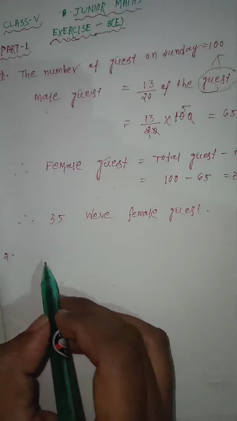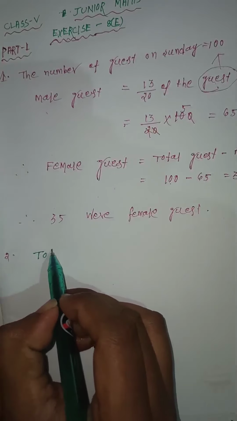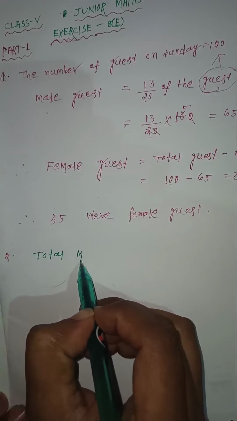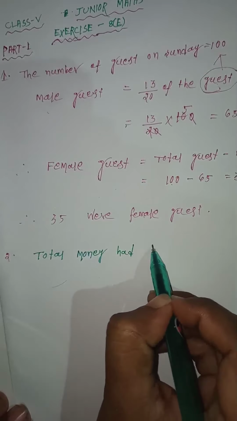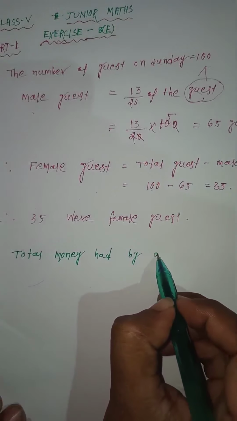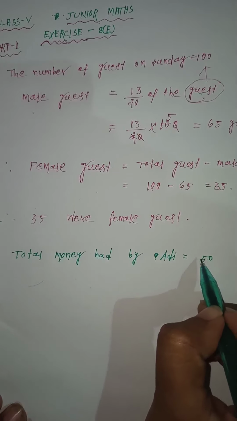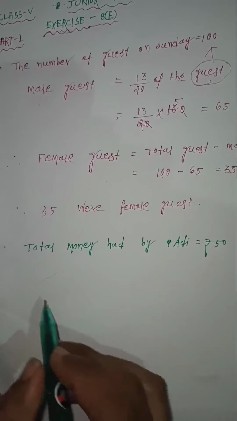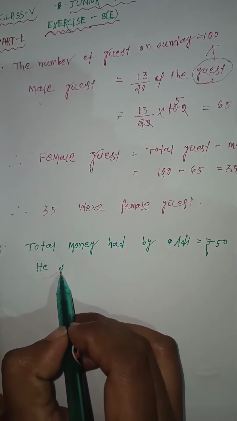So we can write here, total money had by Adi is equal to 50 rupees.